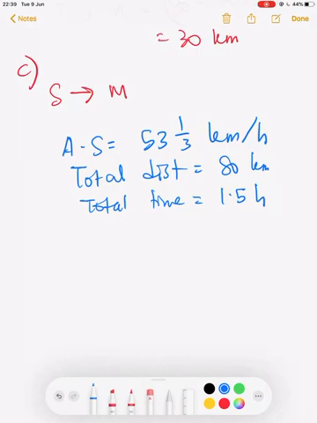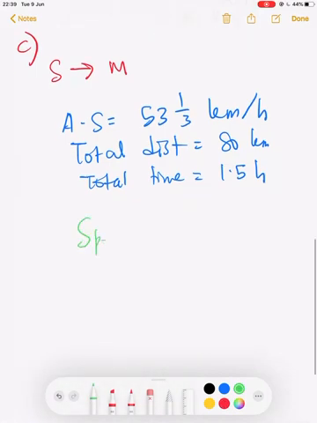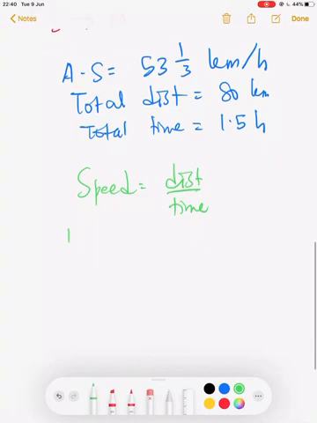Okay, so just for a reminder. Let's use the green color here. Speed equals distance over time. So the same goes for the average speed. It becomes the total distance over total time.